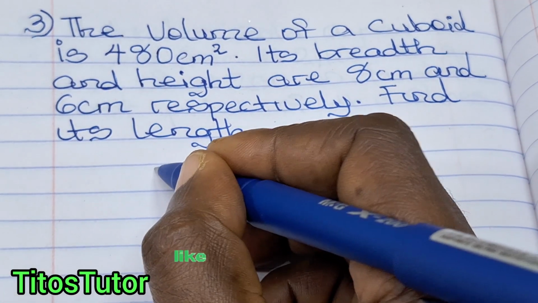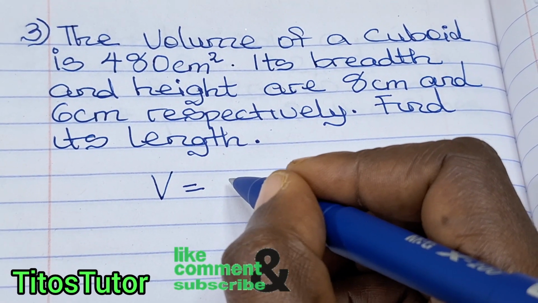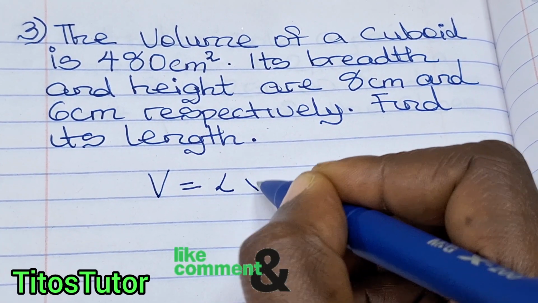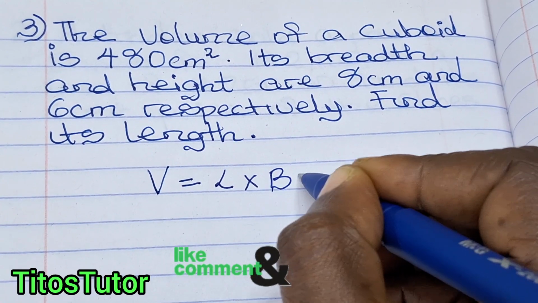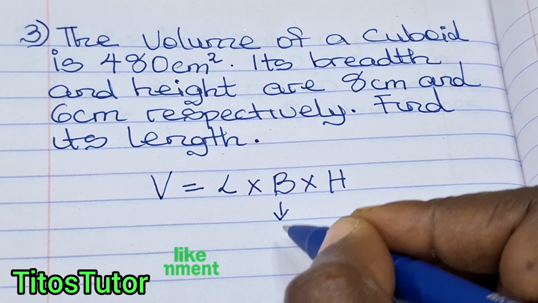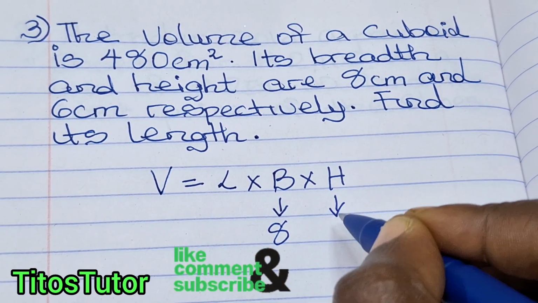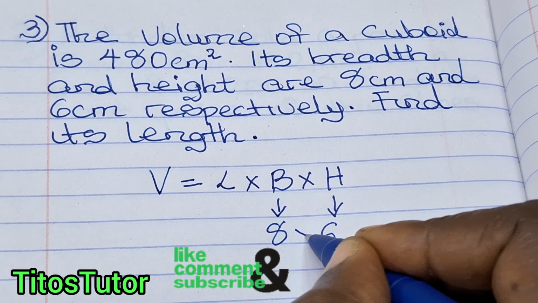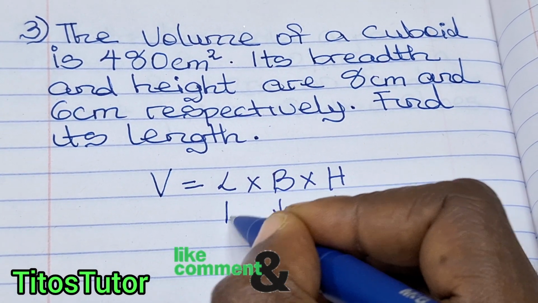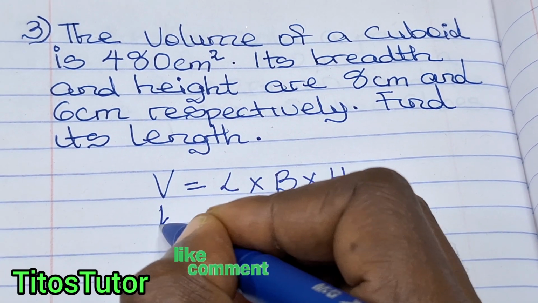Let V be volume, and the formula is length times breadth times height. We know the breadth to be 8 cm. We know the height to be 6 cm.